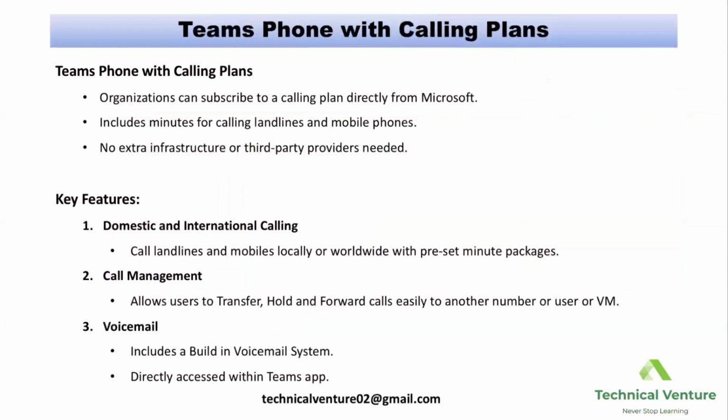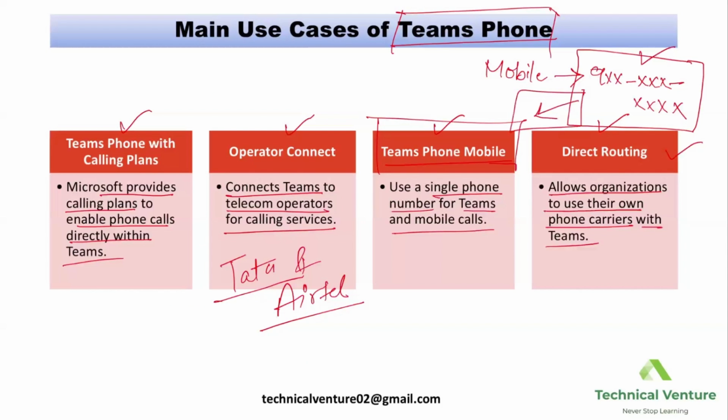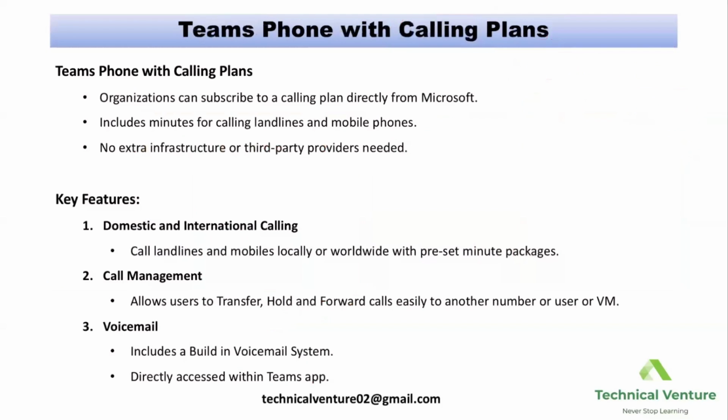That's where direct routing comes into the picture, right? Because if you want to use your same SBC, whether it is from Cisco, AudioCodes, Ribbon, Oracle, anything, direct routing comes into the picture, and it's the most important thing because most companies are using direct routing nowadays, right?